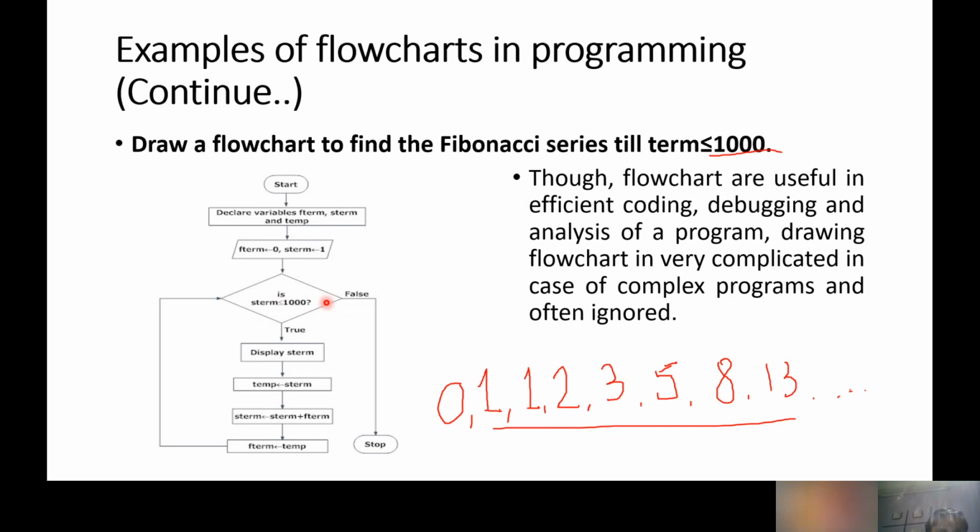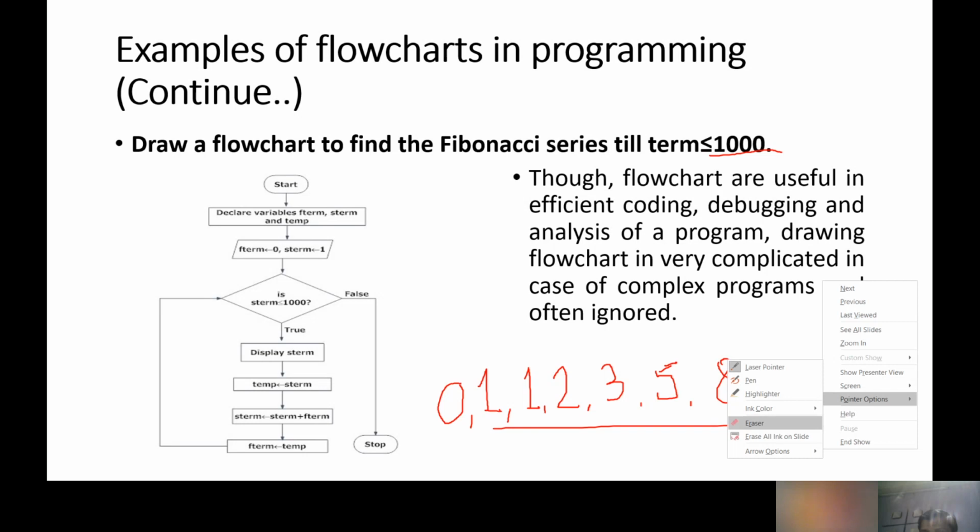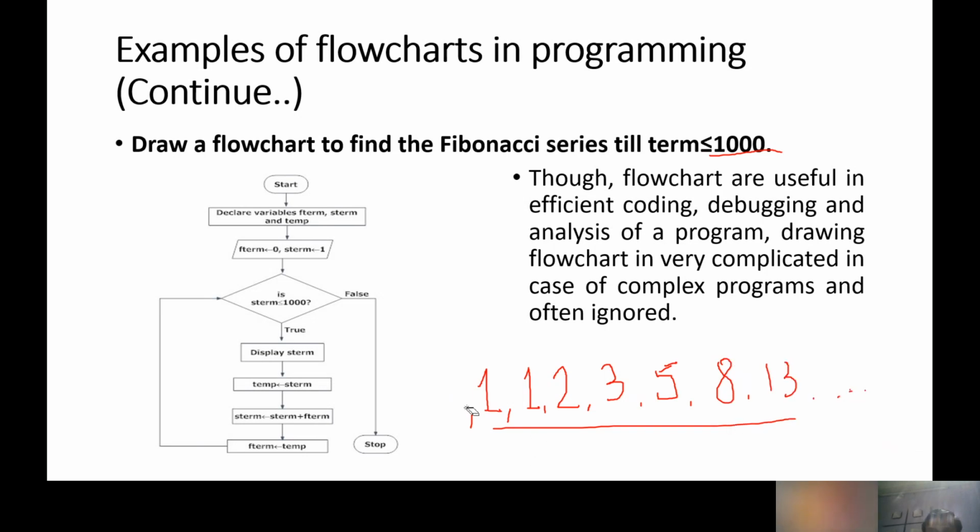If it is true, then display the s term, right? Display the s term. Then temp is equal to s term. The series may start with 1, so we will print from the s term, that is 1.